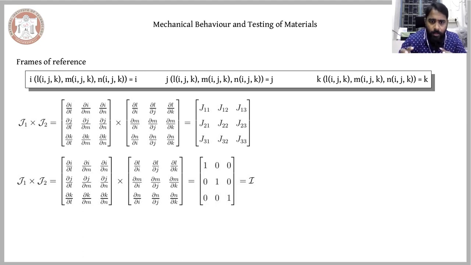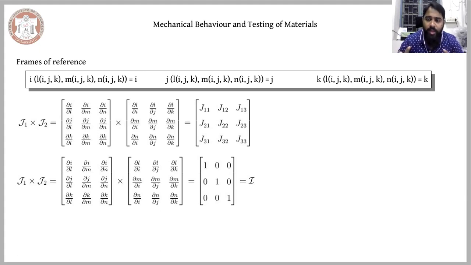Meaning, when we have a frame of reference whose bases are not perpendicular to one another, then in such a case, the product of the corresponding Jacobian matrices will give us non-zero off-diagonal values. So ultimately we would end up with a non-identity matrix.